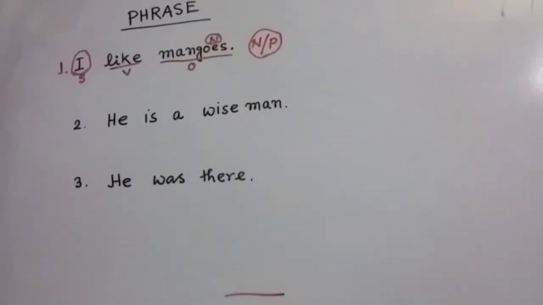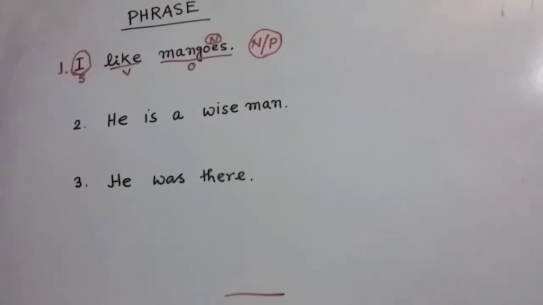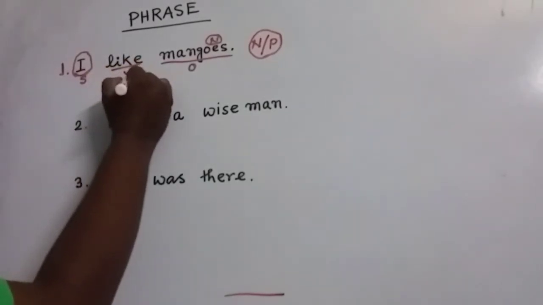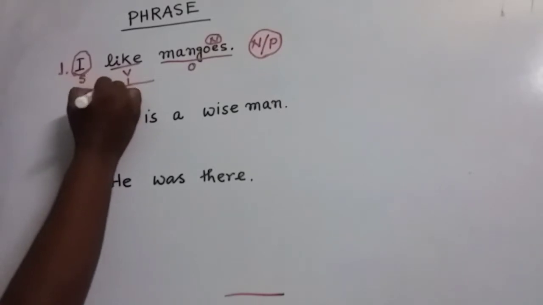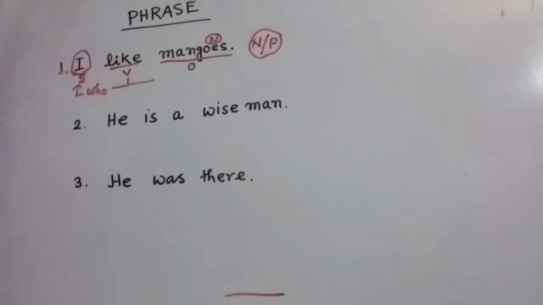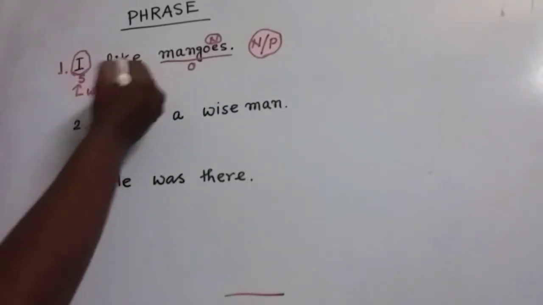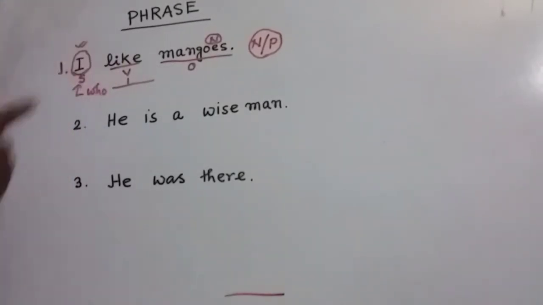Now there is another trick to find out the subject or object of a sentence. Actually we can easily find out the verb. Now if we ask the verb by who, the answer will be the subject of the sentence. So, I like mangoes. If we ask who likes mangoes, the answer will be I from this sentence. So it will be the subject of this sentence.